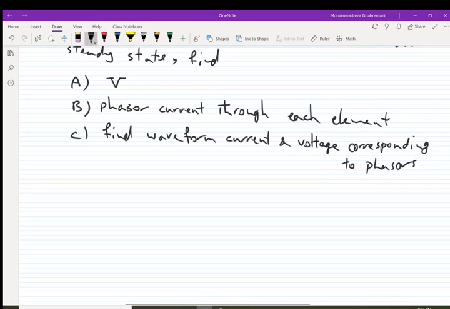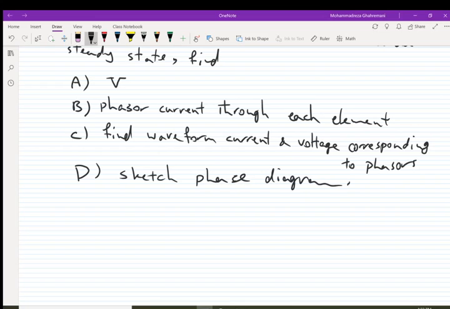And finally, part D, sketch the phasor diagram. Okay, now let's see the circuit.